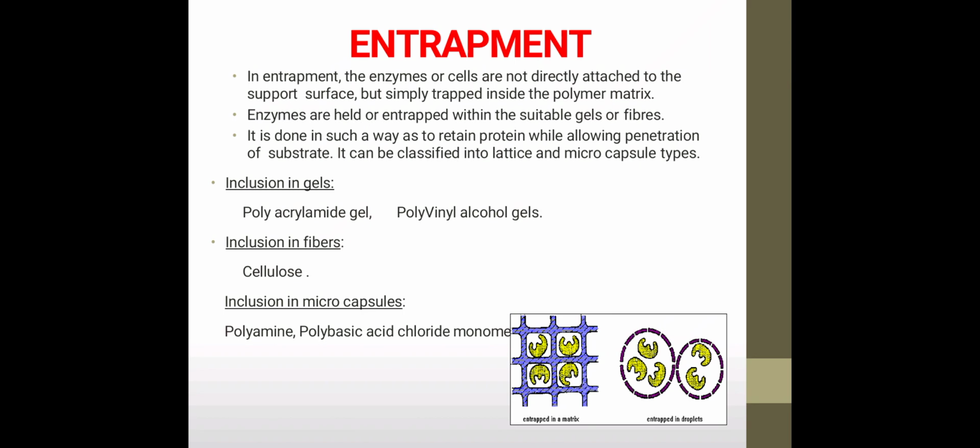If we are using gels, that is inclusion in gels, there are certain substances that can be used, that is polyacrylamide gel, polyvinyl alcohol gels, etc. And if you want to make inclusion in fiber, we can use cellulose. Then if you want to include in microcapsule, you can use polyamines, polybasic acid chloride monomers. In this picture you can see very clearly how these enzyme molecules get trapped into the fibers as well as the gels.